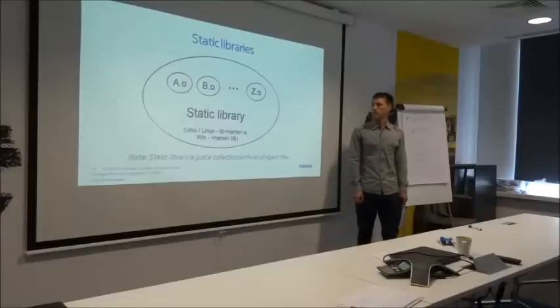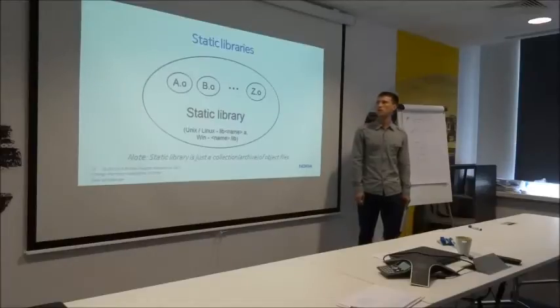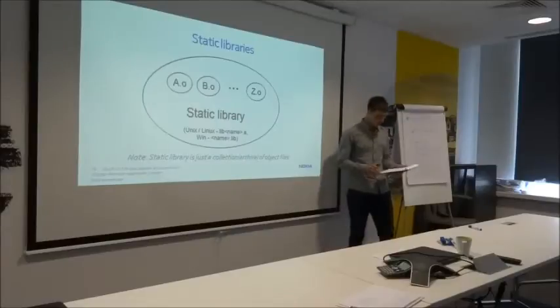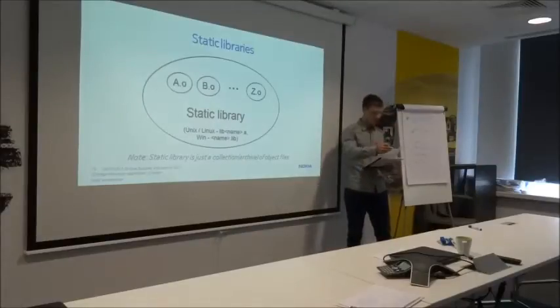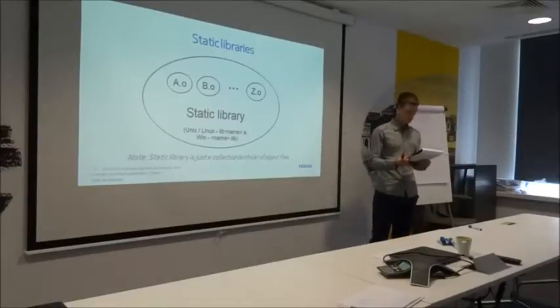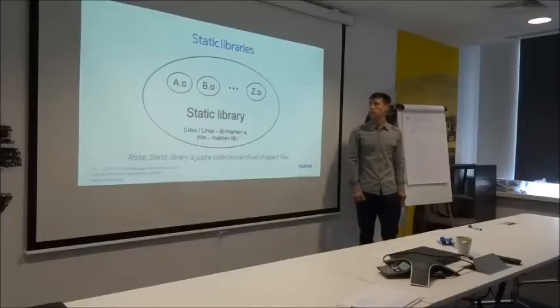Okay, so we are going a little bit deeper, and now let's consider static libraries. I am almost sure that you all know what static libraries are, and you all use them quite a lot, but still.